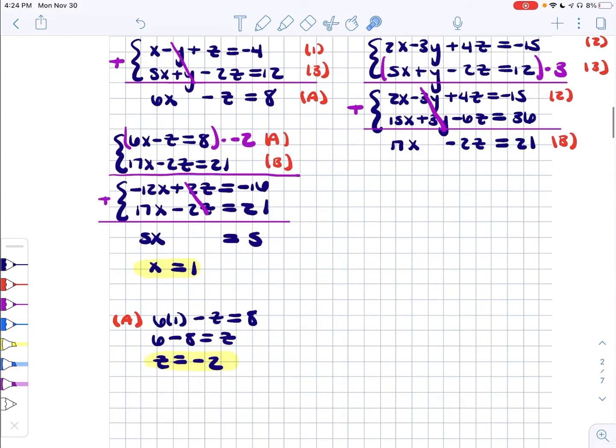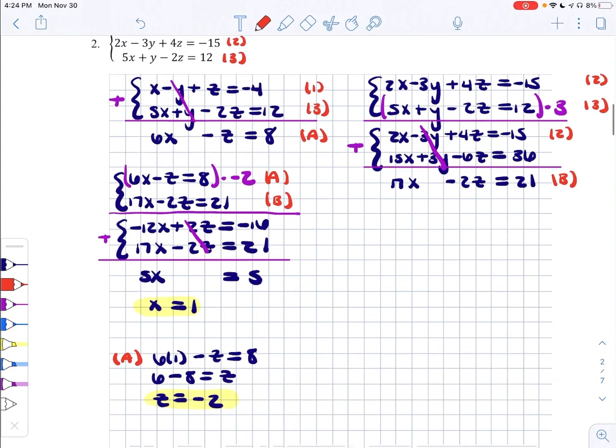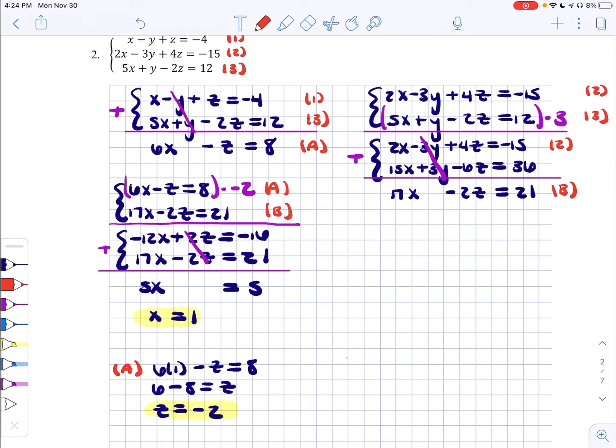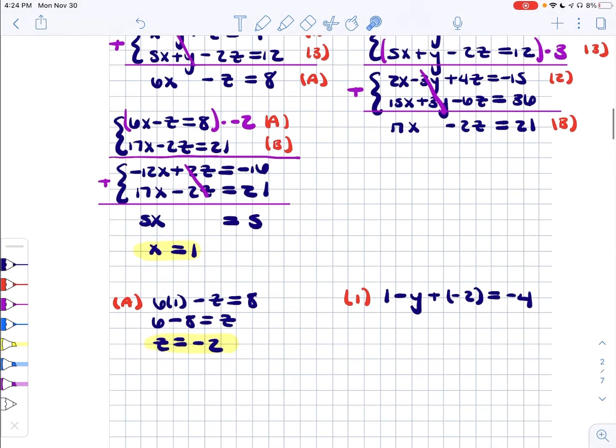So I'm just going to plug this back into equation 1. So we'll have x minus y plus z is equal to negative 4, just plugging in 1 for x and negative 2 for z.